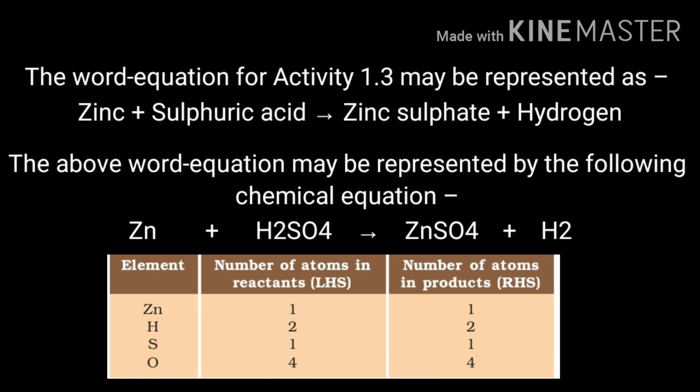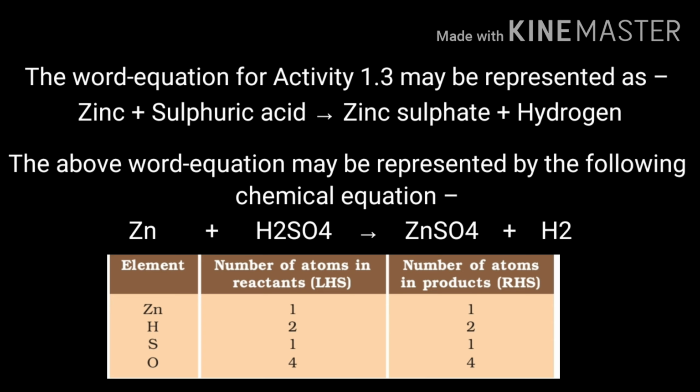Let's take another example. In activity 1.3 we discussed the reaction between zinc and sulfuric acid, and the products formed are zinc sulfate and hydrogen. This word equation can be represented in the form of a chemical equation if we write the symbols and chemical formulas for these words.